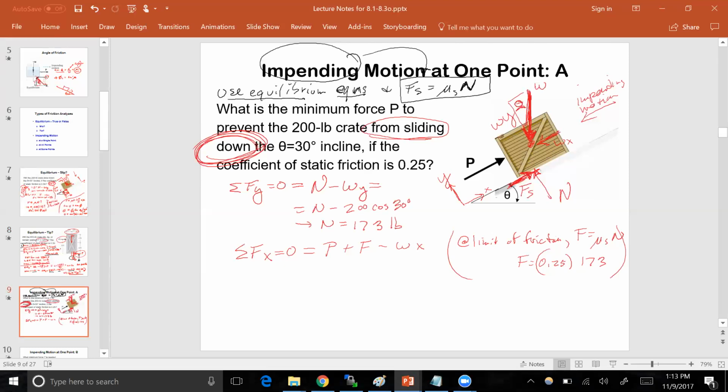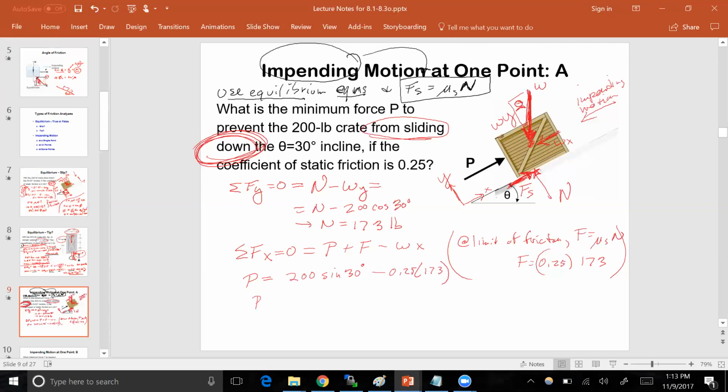Okay, so we can basically say that P is going to equal Wx, which is 200 pounds times the sine of 30 degrees, minus 0.25 times 173.